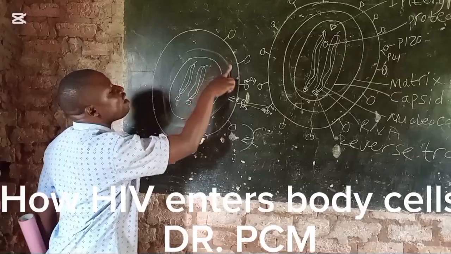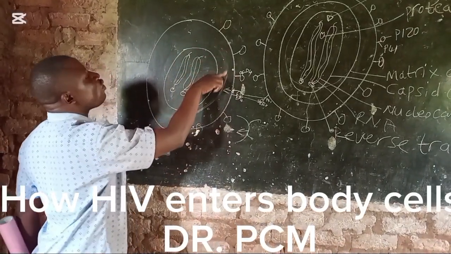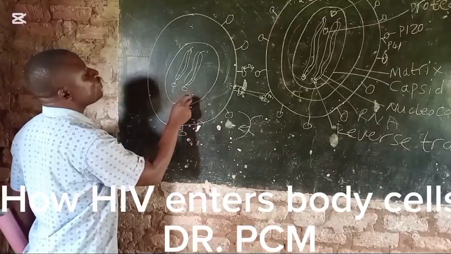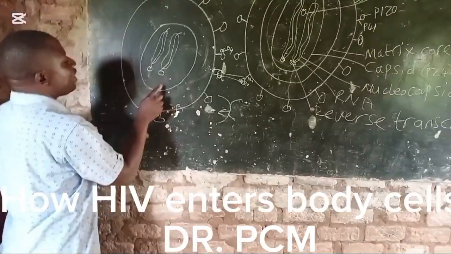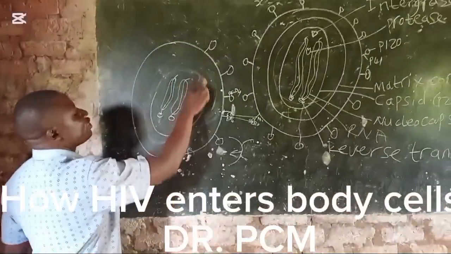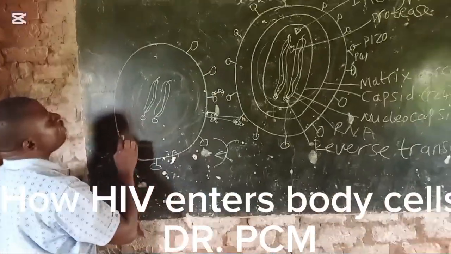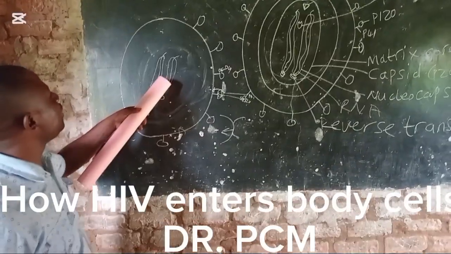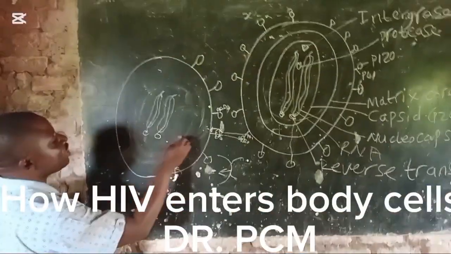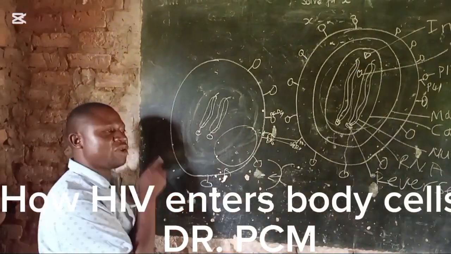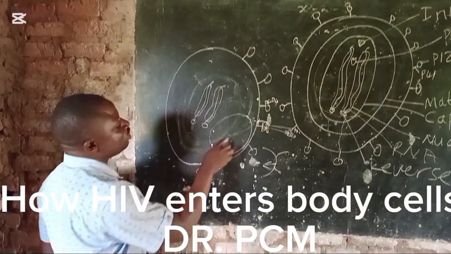They become uncoated, and the outer capsid, once it is uncoated, goes away. After some time, another coating called the capsid goes away.